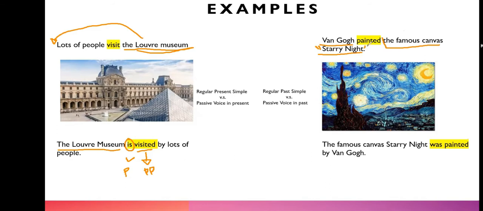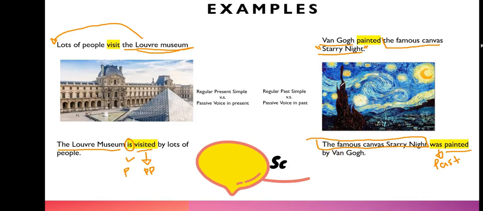This is our object, the famous canvas Starry Night. We're going to change it to the beginning. Was painted, your verb to be in past tense, okay? And your verb in past participle, painted, by Van Gogh. So our object has the entire attention. Our object is the famous canvas Starry Night.